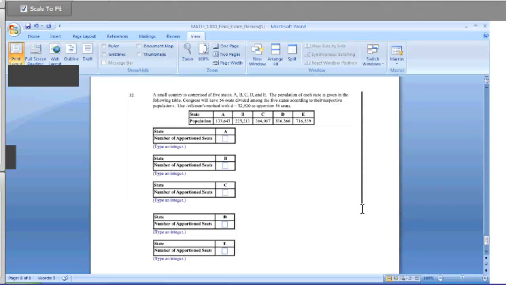So first off, D is the modified divisor. And we're going to use the modified divisor, which will be given to you, to find the modified quota.